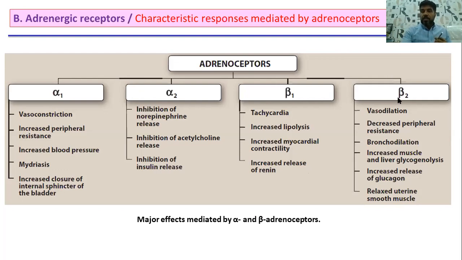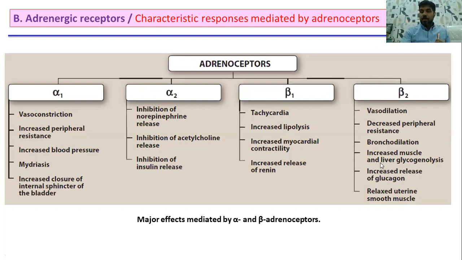Beta-2 receptors are available mainly on the vasculature, on the smooth muscle of blood vessels and the uterus. So, beta-2 agonist can cause vasodilatation and a decrease in the peripheral resistance, or a decrease in the blood pressure.